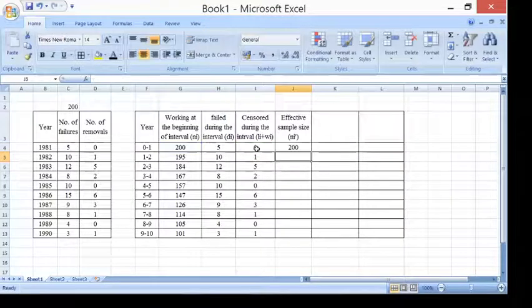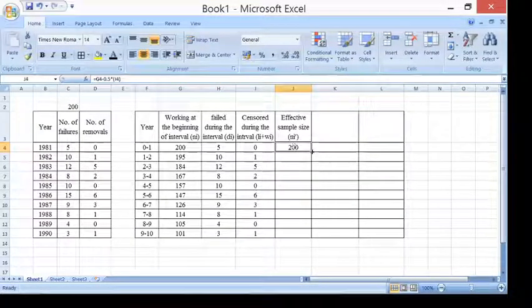If there are, say, k censored units, we'll assume that roughly every unit was available for half of that interval. So if k units were available for half of the interval, it means that k by 2 components were available for the entire interval.